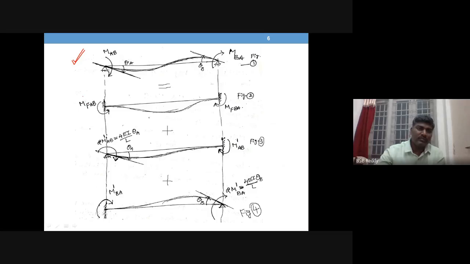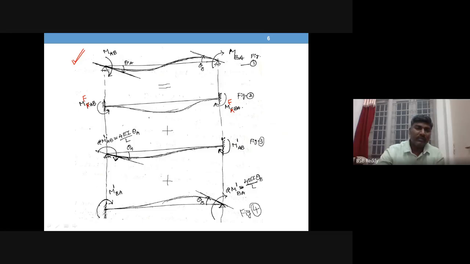You may even take the notation writing F like this; we are following this one. Now take rotation of A only, arrest B. So what we call is M dash AB.